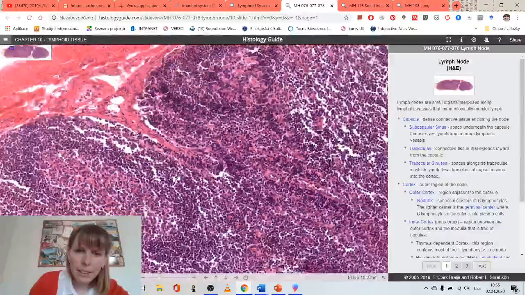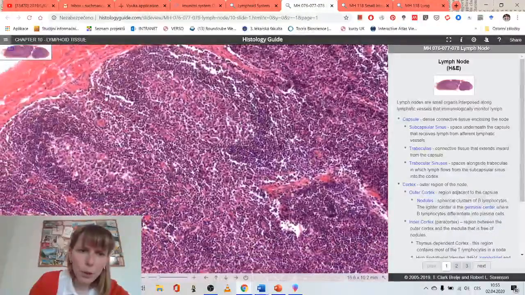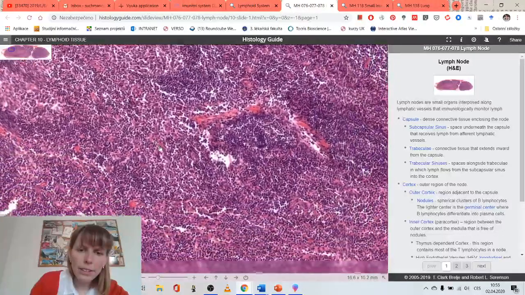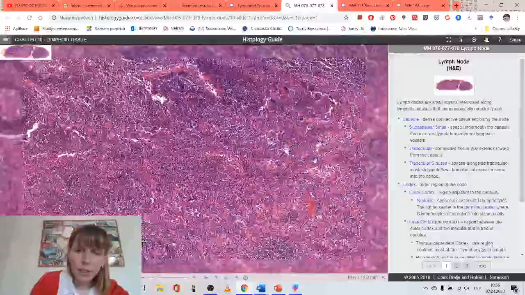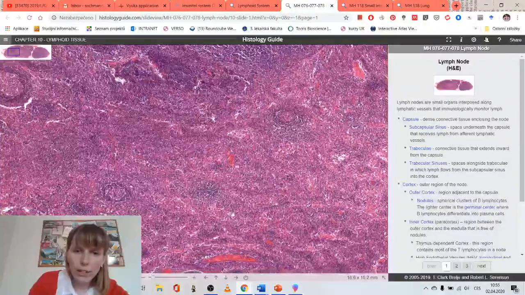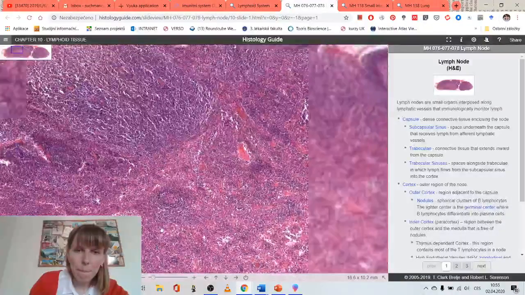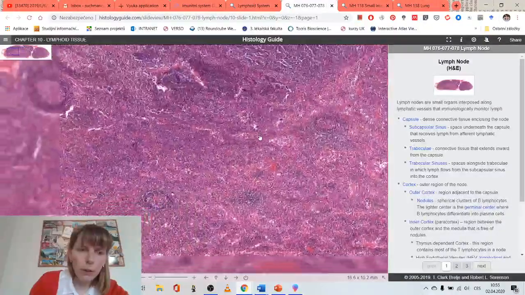Then the lymph will be going through these spaces between the follicles, and it will be going into the region which no longer has follicles. So this will be the paracortex.